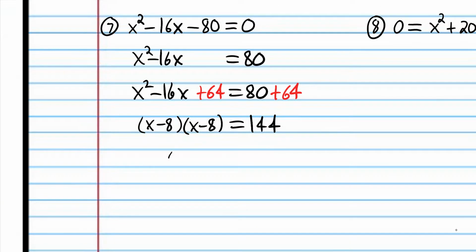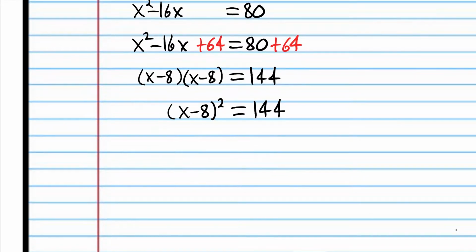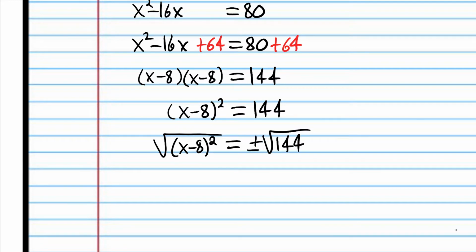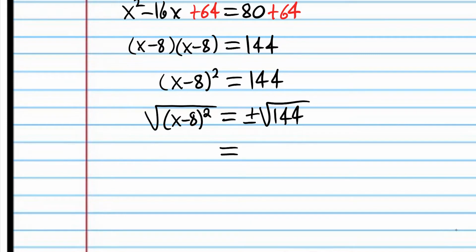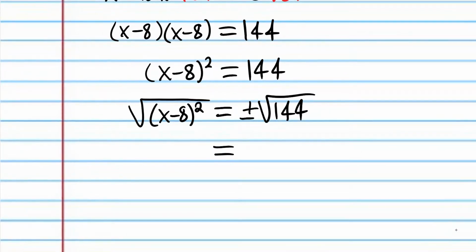Changing that to power notation, we get the following. And then we're going to square root both sides to get rid of that square. And remember to put your plus or minus. And you know, you could use the calculator for this. That's just going to be plus or minus 12. 12 times 12 is 144.